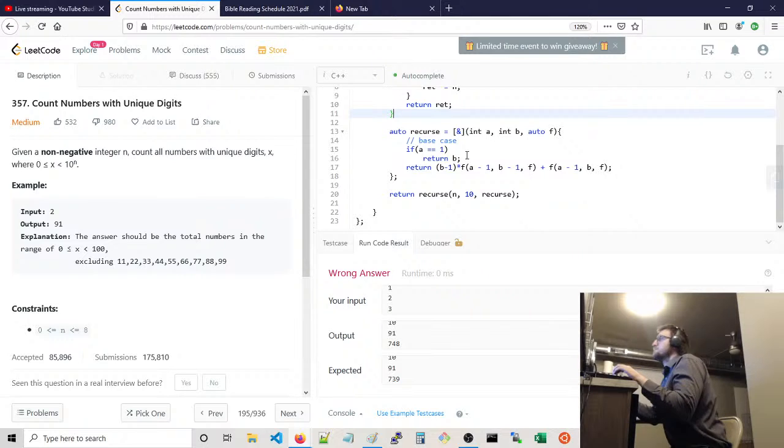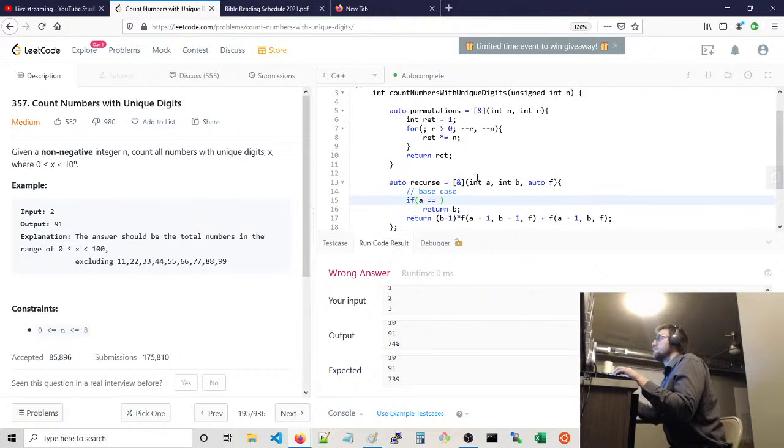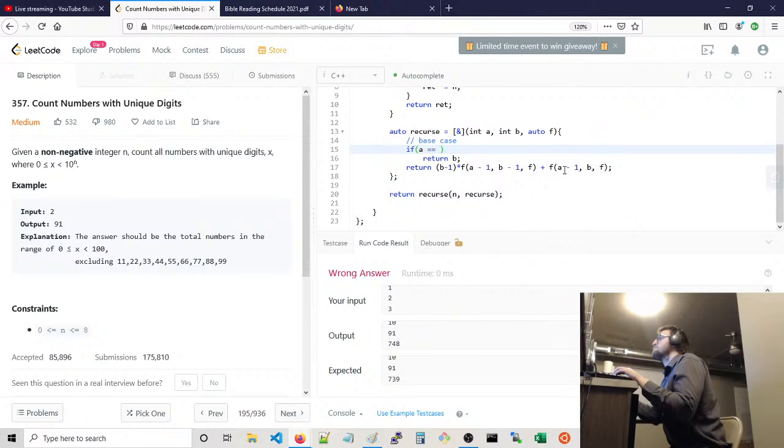So we'll do a equals recurse, and n doesn't really matter, or 10 doesn't really matter. We'll do x then, or xn, whatever you want to do.